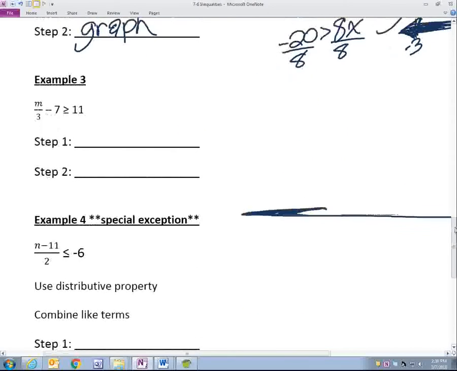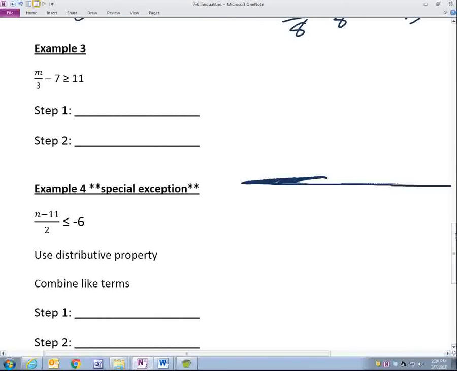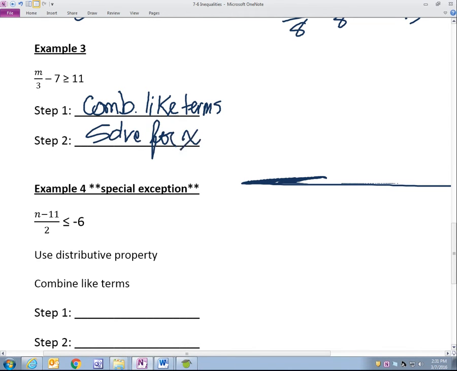Next we have another one just like what we've been doing. First thing we're going to do is combine like terms, then solve for x. Now I have to use SADMEP again.